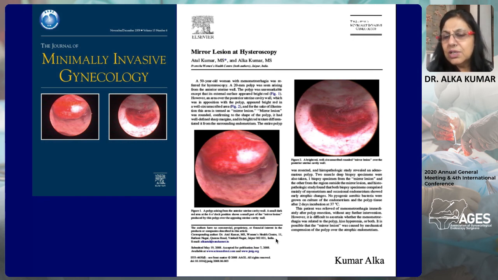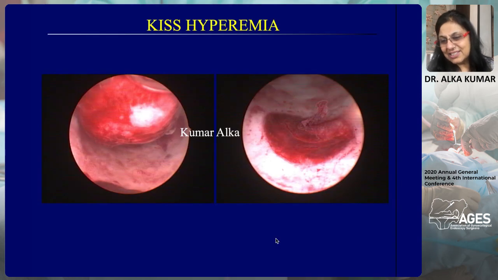I bring you to the mirror lesion at hysteroscopy. We were on the cover page with these images. What we found was very interesting. A polyp leaves a footprint on the posterior wall with an angry looking endometrium. In fact, Dr. Linda Bradley, the medical director of AAGL, gave me the terminology of footprint. So really it is a footprint, and I think that is where the challenges are.